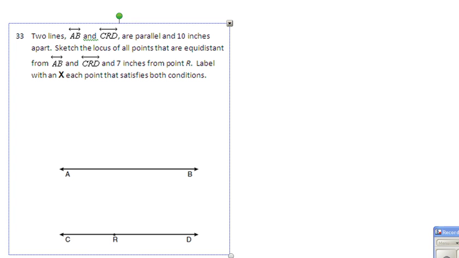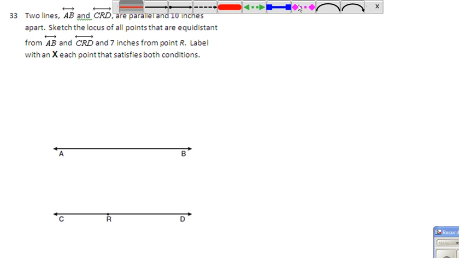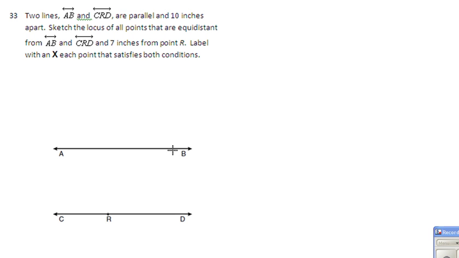All right, the next question. These two are parallel lines, and they are 10 inches apart. So if we notice from here to here is 10 inches apart.